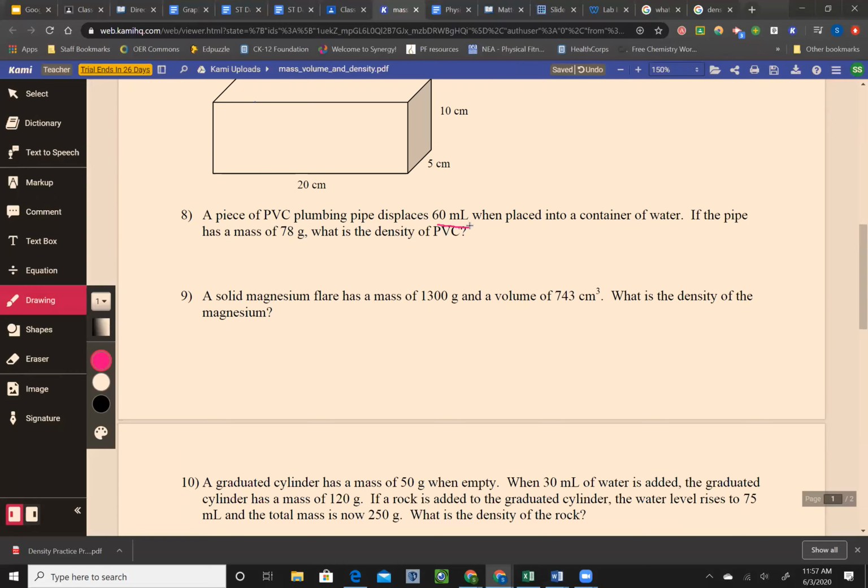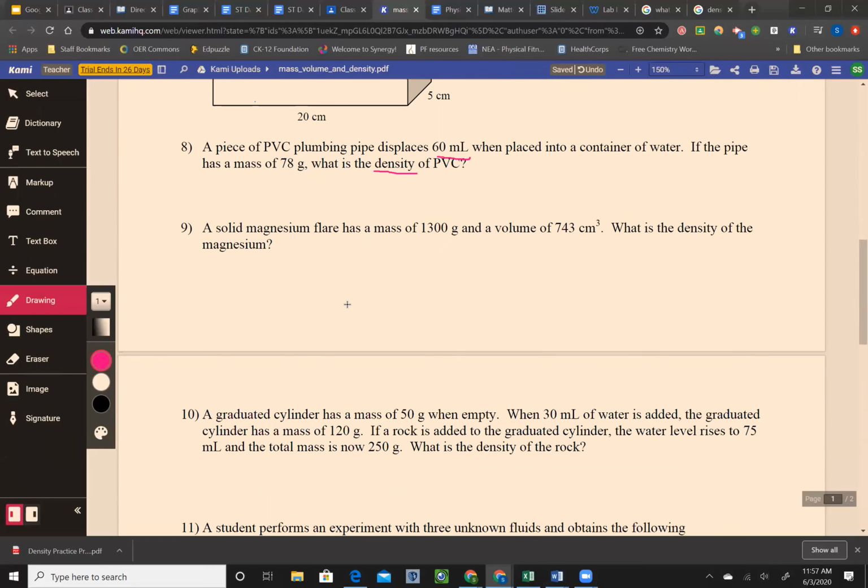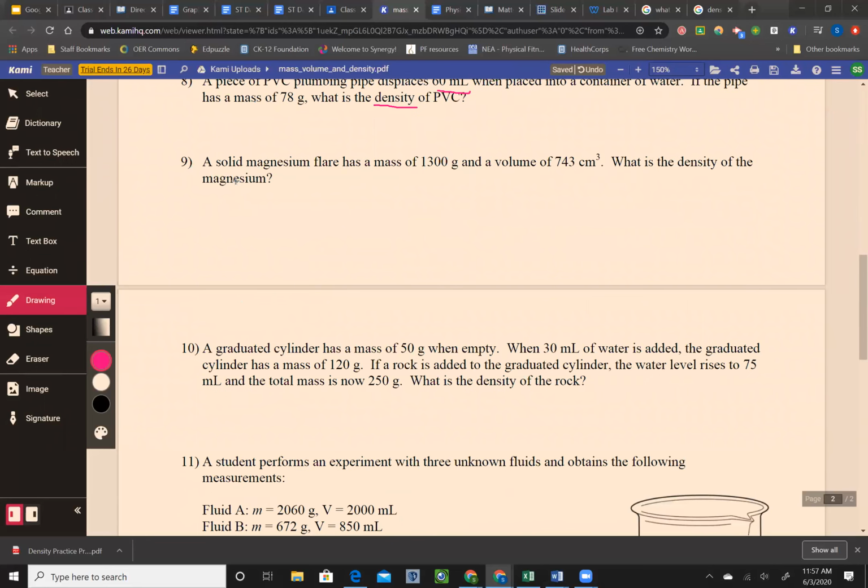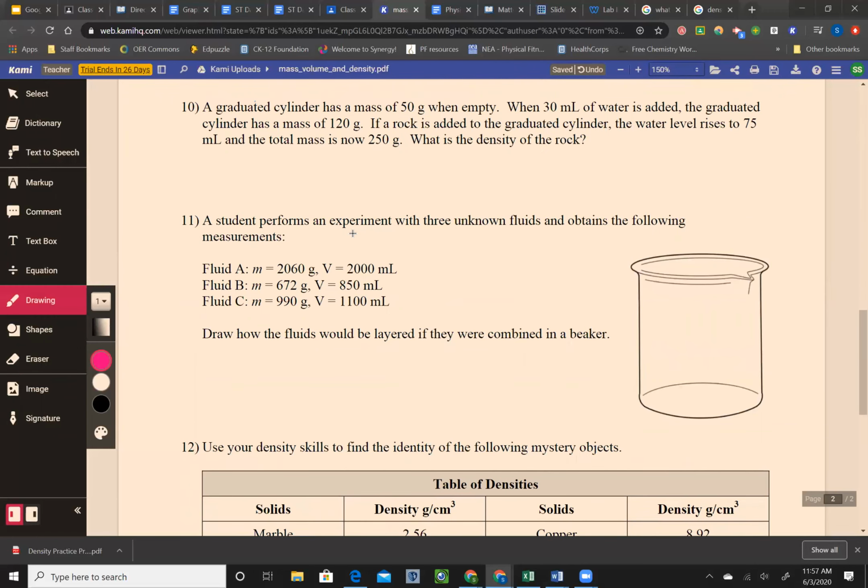So nothing changes. They're just throwing you for a little whirl with information, but it's still 60 ml. If the pipe has a mass of 68 grams, what is the density? Same formula. They give you both the volume and the grams. Nothing different. Number 9, solid mass of 13, volume of, what is the density? That's no different.